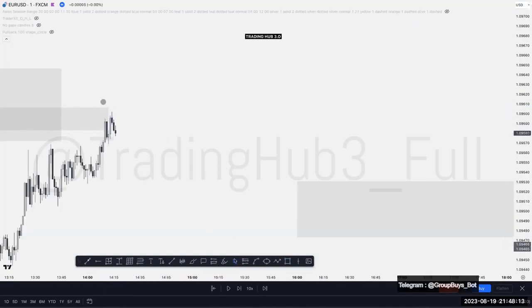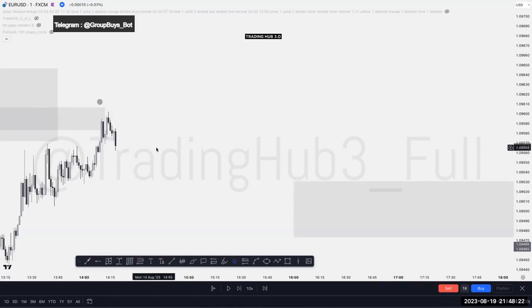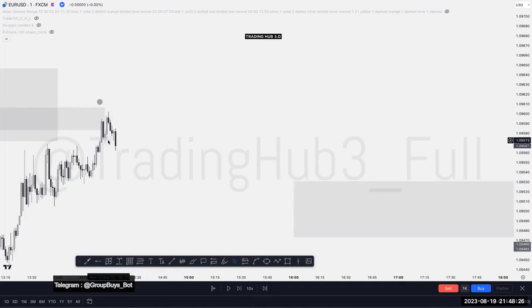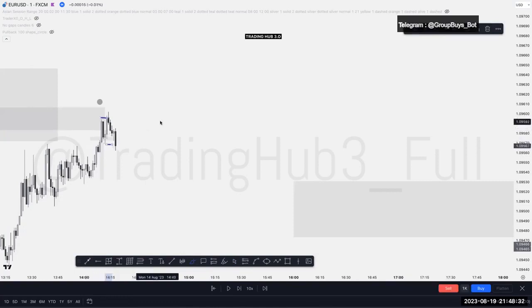Let's see what happened next and what we can expect here. Finally the market broke this one, and when the market breaks the previous low, this is called a BOS, sorry, CHoCH. Last structure, yes, this is an inducement. This is the first pullback.